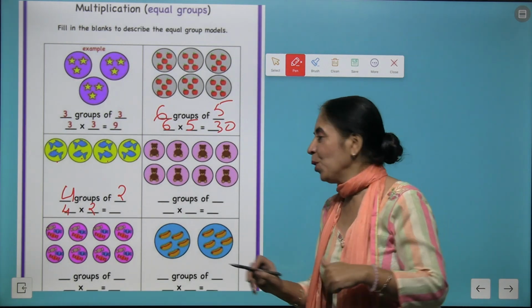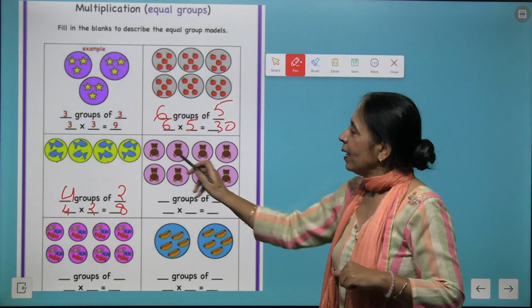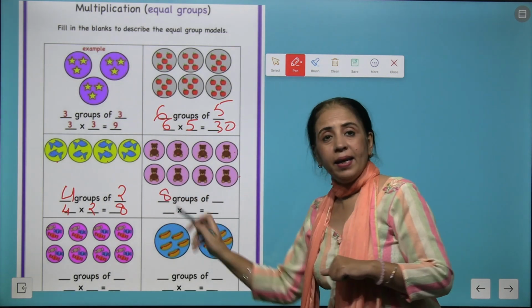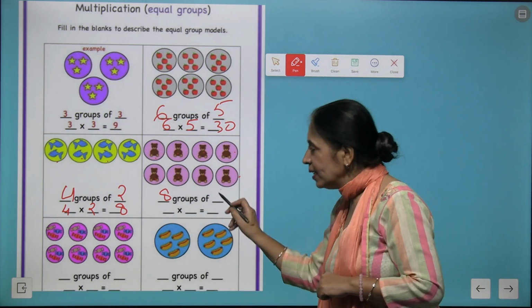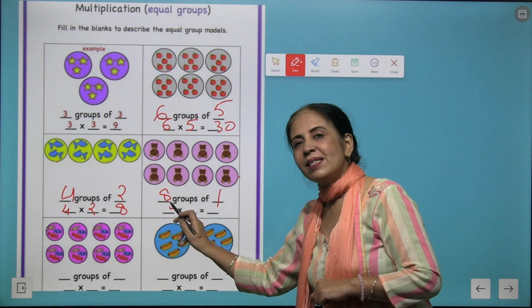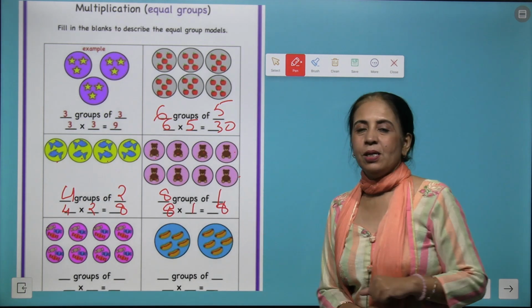Hats off to you, and we write down 8 here. Now we have 8 groups, right? And each group has how many teddies, children, here? 1 teddy. Okay. So what should I write? 8 times 1 makes 8.